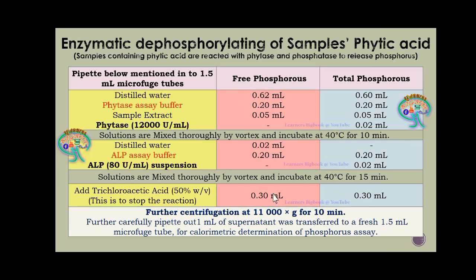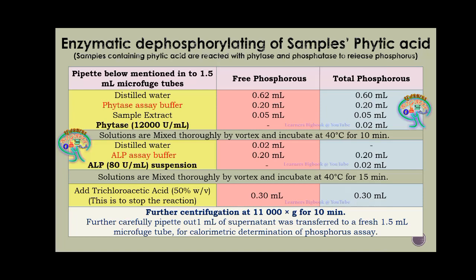So the amount of the free phosphorus also has to be identified, and as per the principle, the total phosphorus present within the sample also has to be identified. Here the total phosphorus of the sample is nothing but the free phosphorus present within the sample and also the inorganic phosphorus associated with the phytic acid.